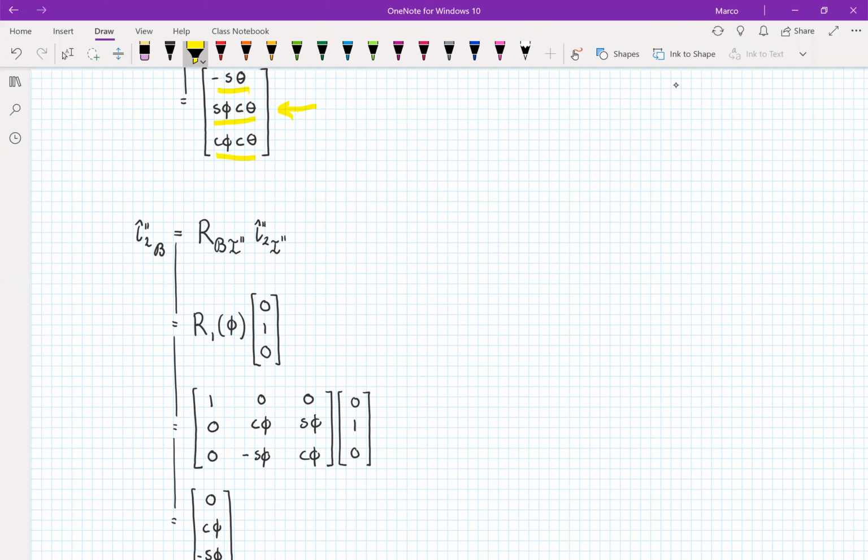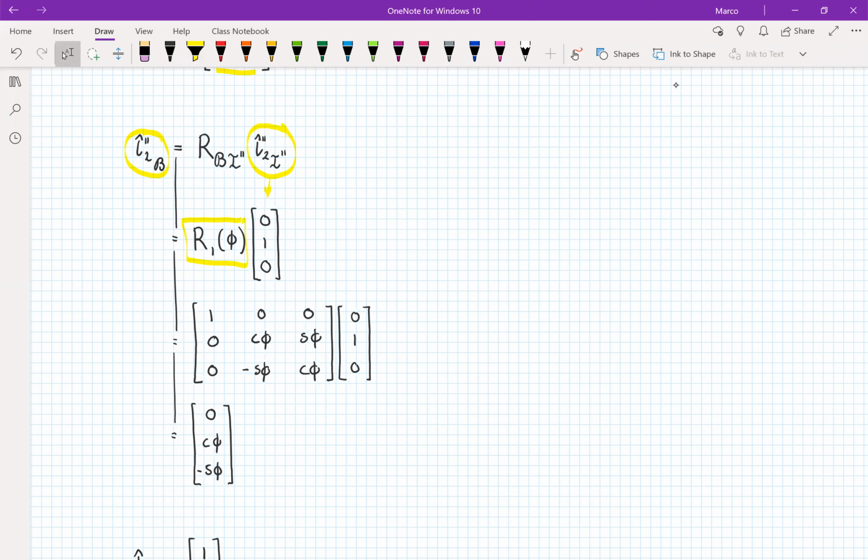So going from the I double prime I2 to the body I2, we have to apply this rotation about the x-axis. And the expression for I2 double prime in the I double prime reference frame is simply 0, 1, 0.